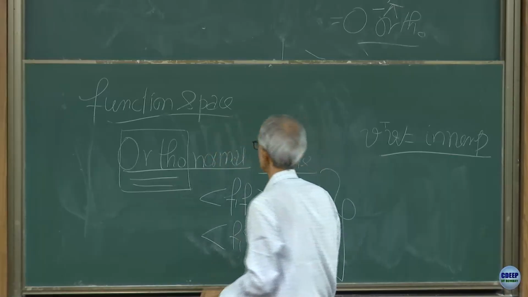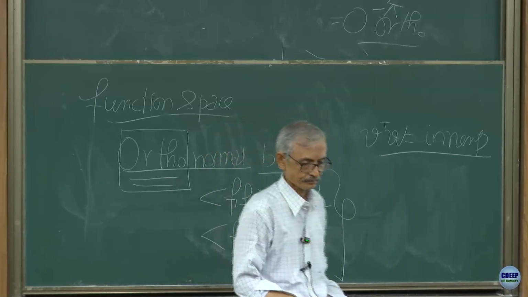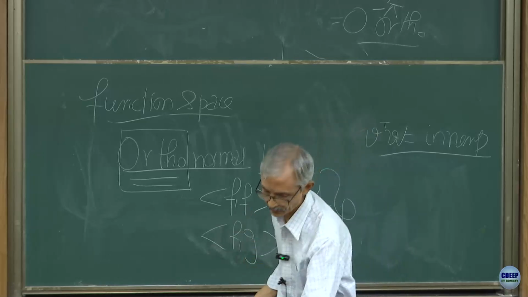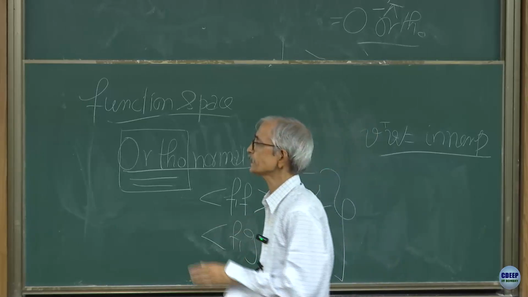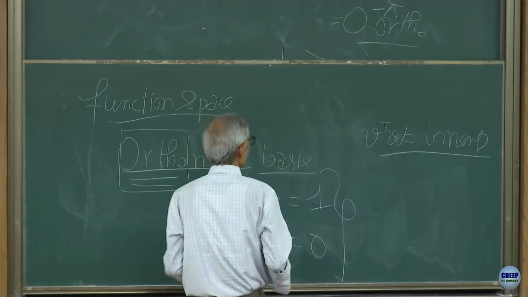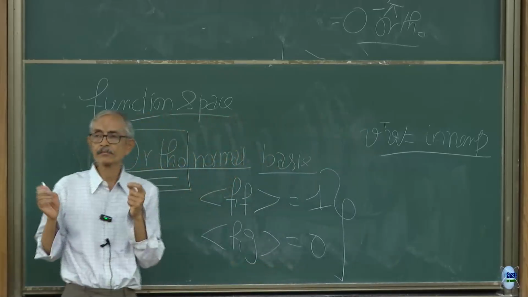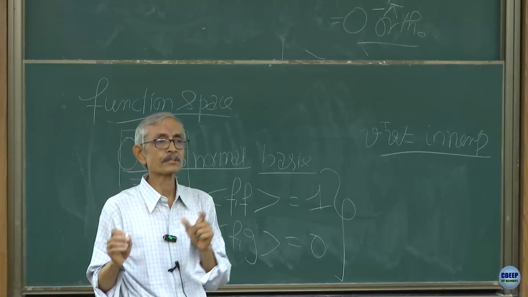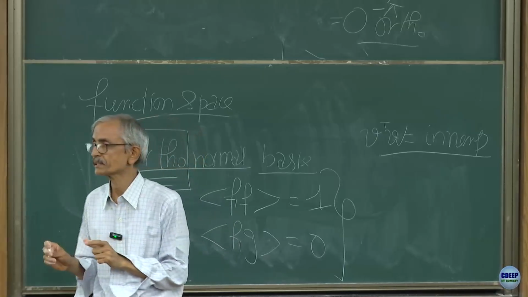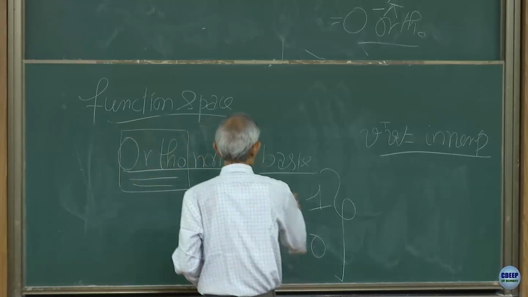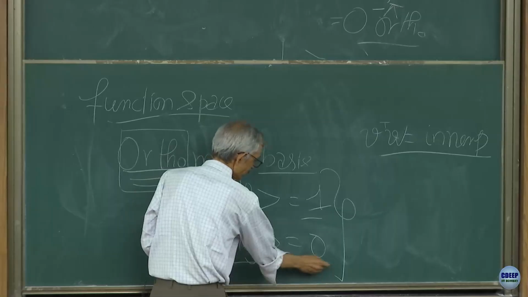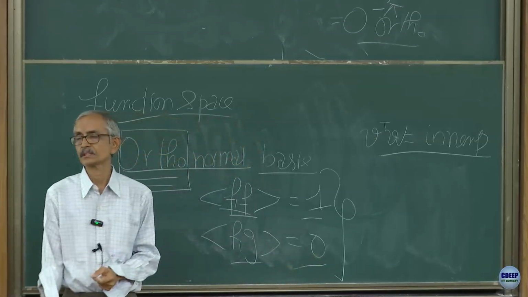So any function which is 2 pi periodic, we are talking only about 2 pi periodic functions. If we are looking for an orthonormal basis of this 2 pi periodic function space, this is the definition: f comma f equal to 1, f comma g equal to 0.